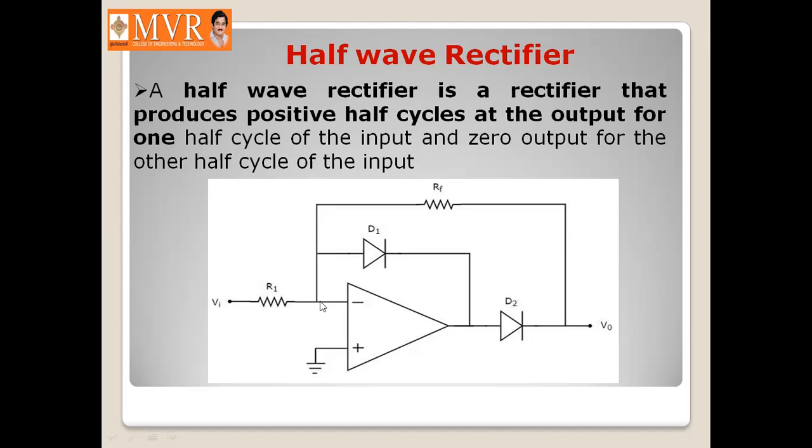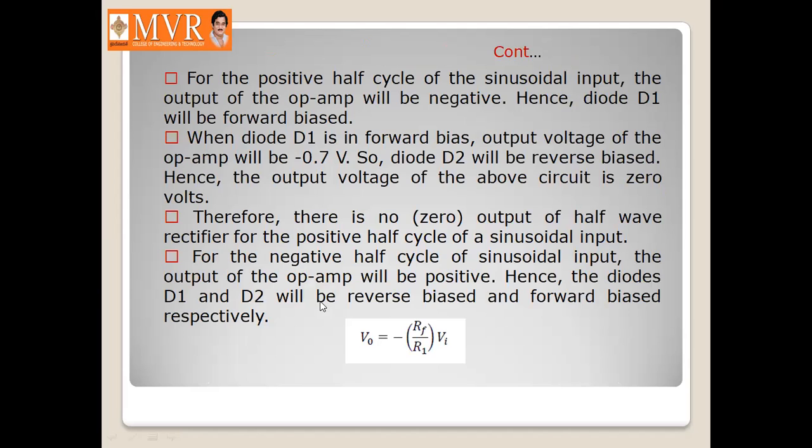Whenever the input signal is applied, first we are going to discuss the positive half cycle of the sinusoidal input signal. For the positive half cycle, the output of the op amp will be negative. Hence the diode D1 will be forward biased.